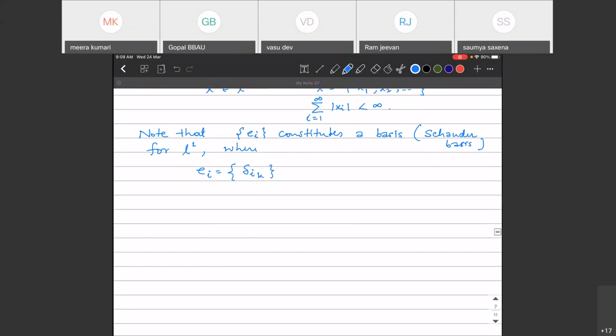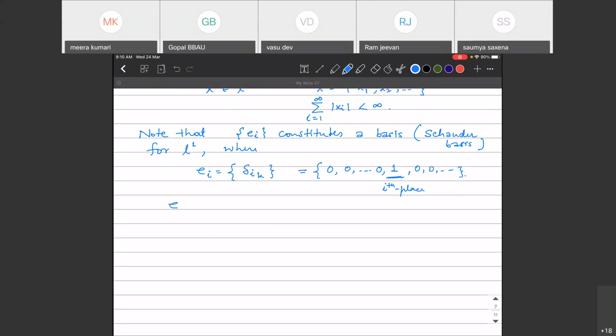This sequence means that at the ith place it is 1, otherwise it is 0: 0, 0, 0, then 1 at the ith place, then again 0, 0.